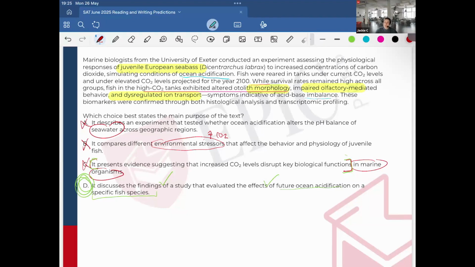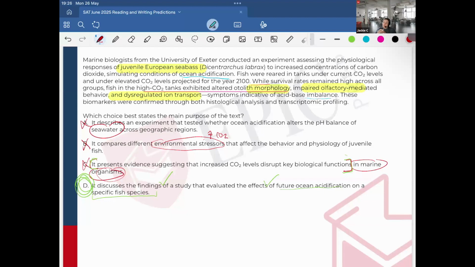So for these ones, always read the whole passage. Again, I would go back and read what happened in the first sentence, the last sentence, and see what's happening. If it's a scientific passage like this, ask: is there an experiment? Is there an argument? Is there a description? Always eliminate choices that overgeneralize, like we saw here, marine organisms or other species.